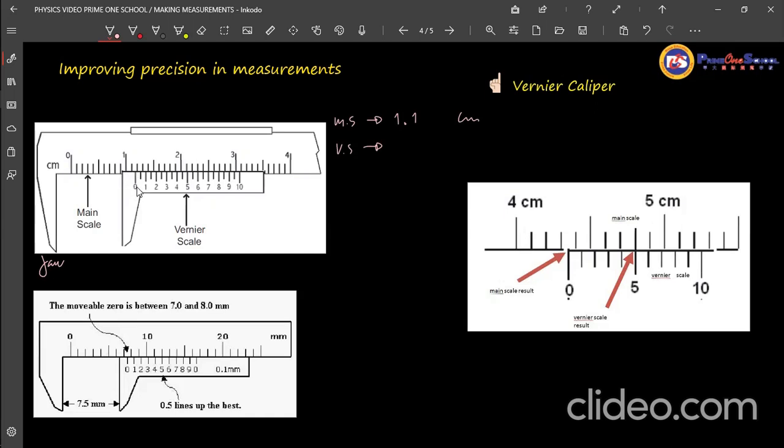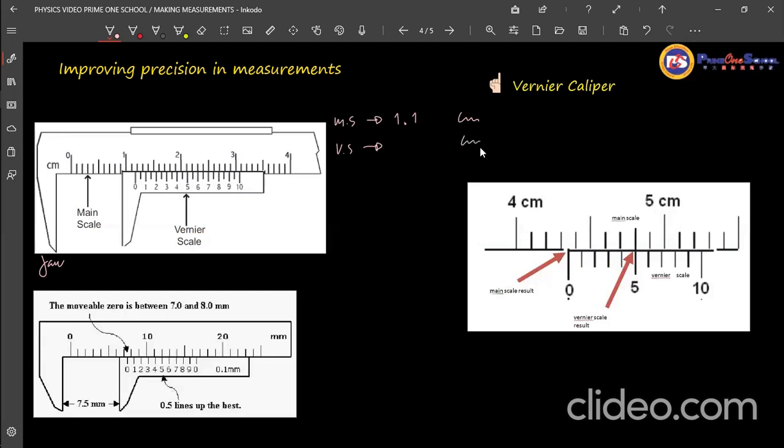For the Vernier scale, make sure that a line on the Vernier scale and a line on the main scale coincide perfectly in one line. Look at this one, there is no line coinciding. So this one, no, no, no, no, no. What about six? Almost coincide. Then six, five. Six, five perfectly coincides between the Vernier scale and the main scale. So you can note the scale like this.